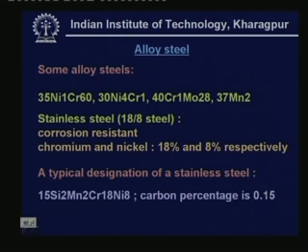What is this? 35 is the strength, then the nickel composition, the chromium composition, and so on. Then 30Ni4Cr1, then 40 the strength, then chromium percentage, molybdenum percentage, then 37Mn2, which means it has only manganese. One is a chromium molybdenum steel. This is a nickel chromium steel. It is also a nickel chromium steel, but just by different percentages of nickel and chromium, your strength has changed.